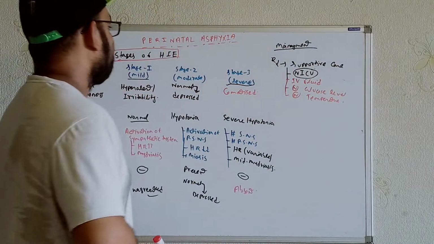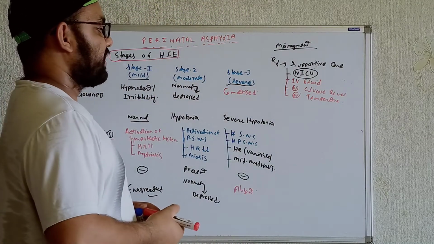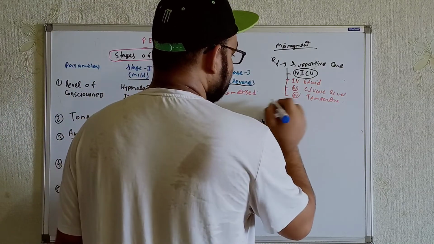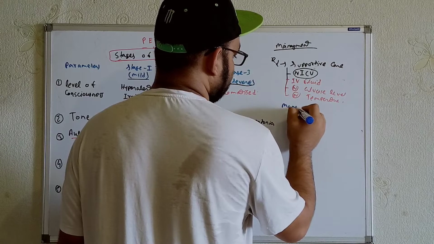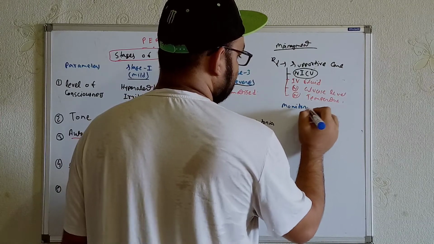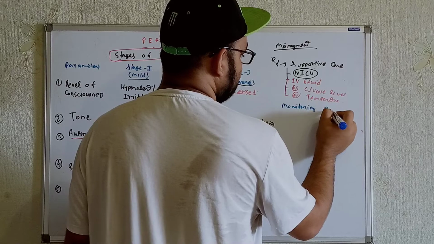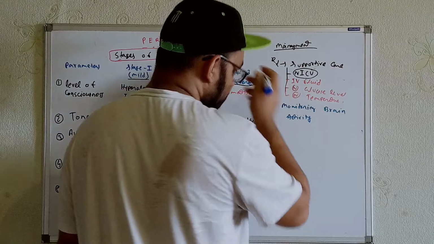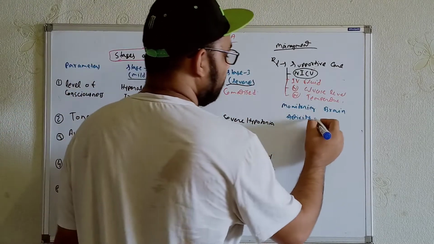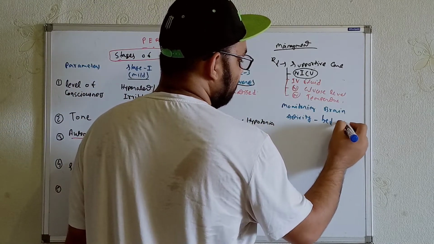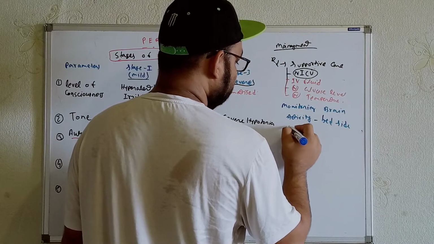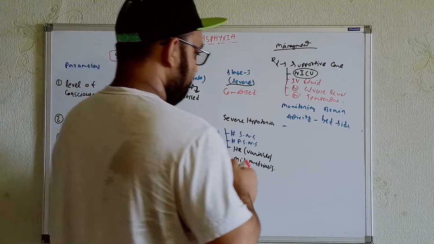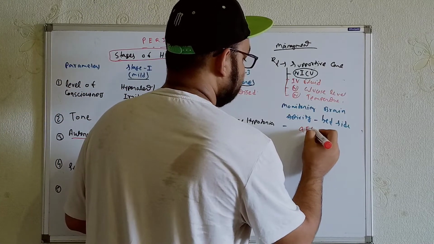And whenever we are talking about, for example, hypoxic ischemic encephalopathy, in these cases we have to monitor the brain activity. So for monitoring brain activity, along the bedside we can use, okay, let's write it over here, aEEG.